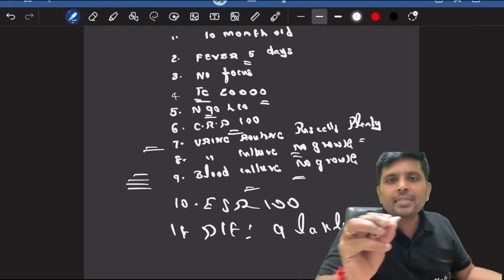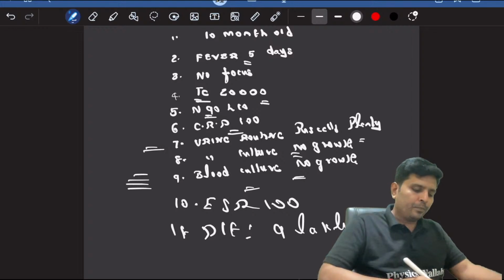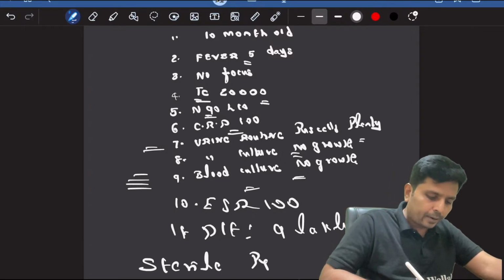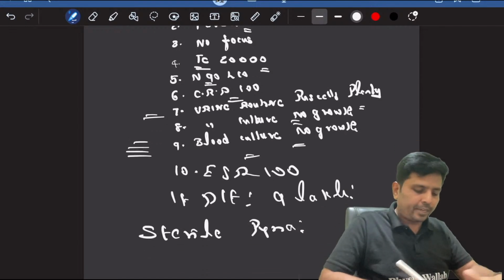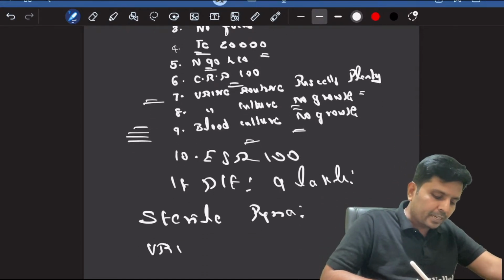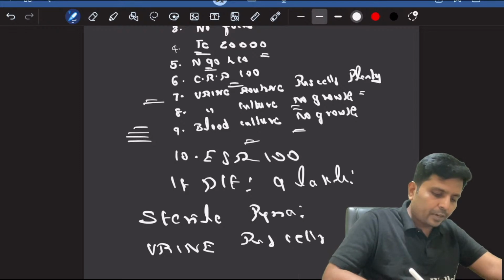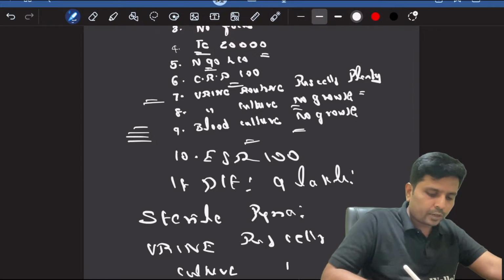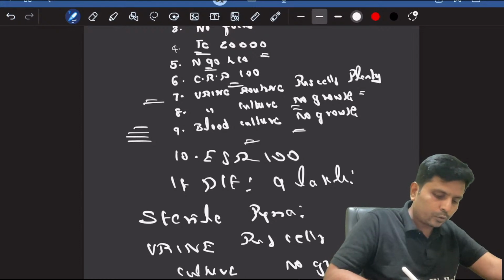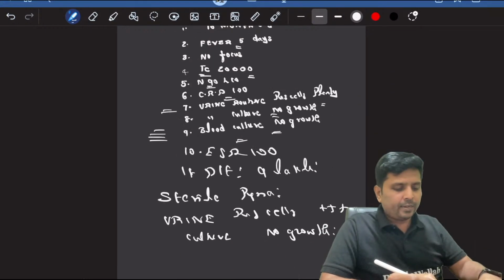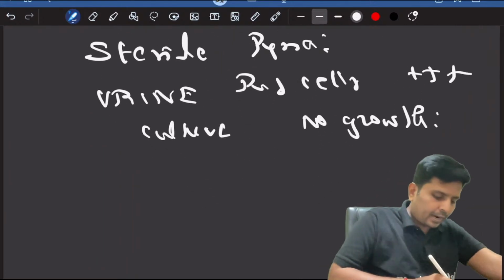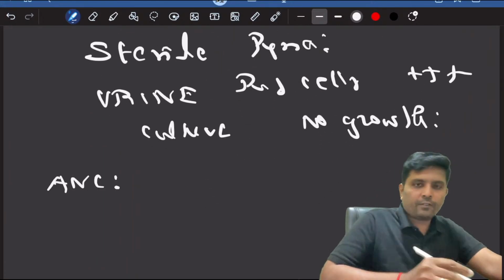This is called sterile pyuria. Sterile pyuria means your urine pus cells will be plenty, but culture no growth.